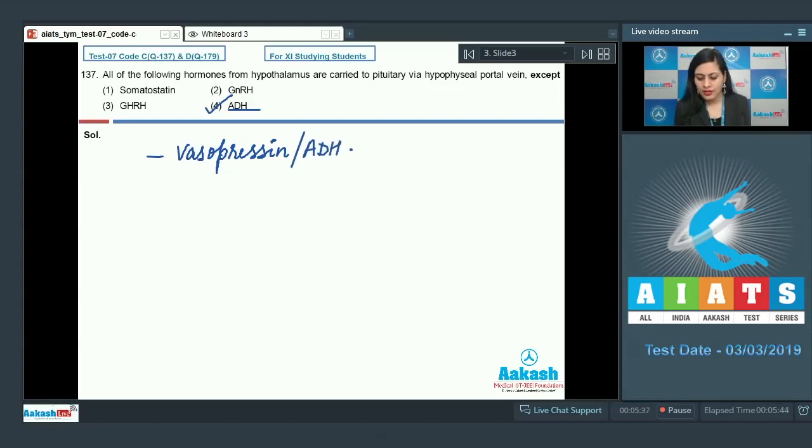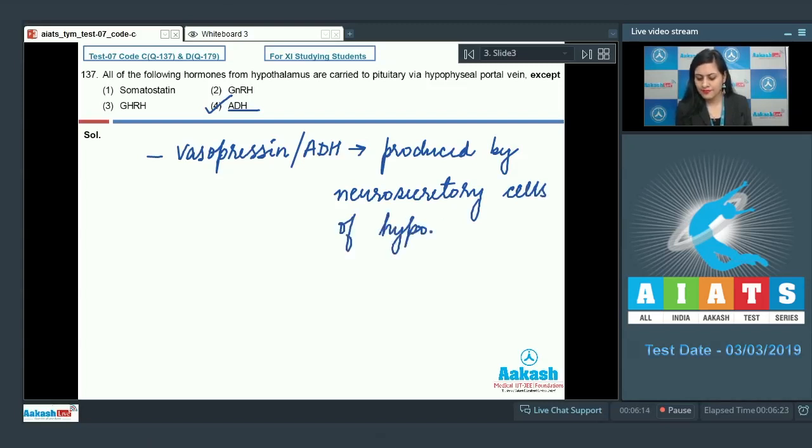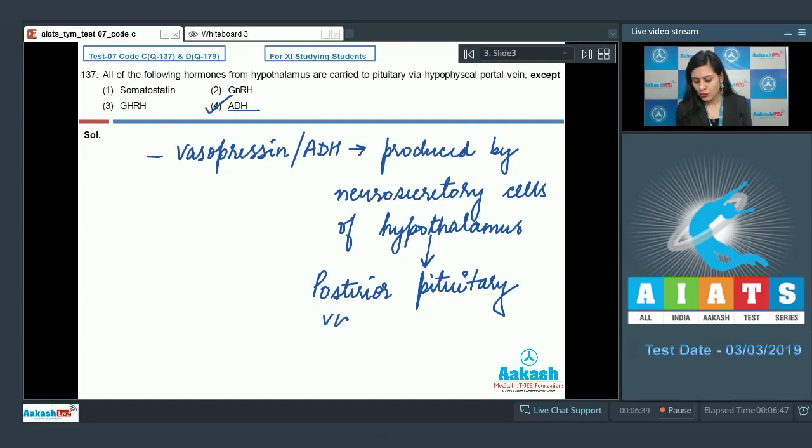or ADH, is produced by neurosecretory cells of hypothalamus and are carried to posterior pituitary via nerve tract and not via hypophyseal portal vein, whereas the rest of the options, that is somatostatin, gonadotropin releasing hormone or GnRH and growth hormone releasing hormone are the incorrect options because these are the hormones which are produced from hypothalamus and are carried to anterior pituitary via hypophyseal portal vein.